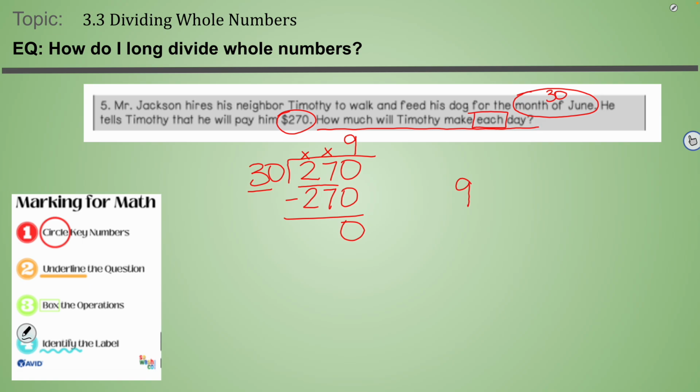You have to label. So I see, oh, dollars, that's how much he makes each day. In your homework, you just have to label it as $9. And notice we answered the question, and does it make sense that he would get $9 a day? Yeah. So check. If you got $9,000 a day, that would not make sense.